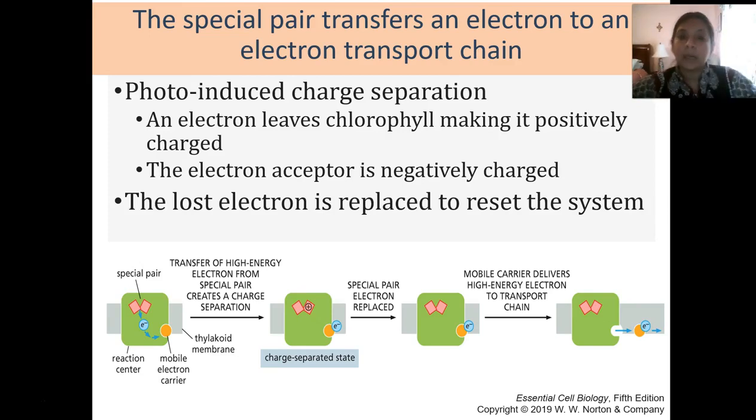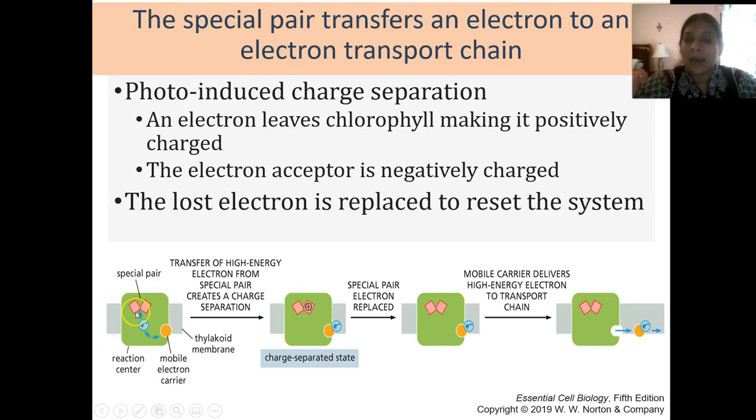While the others were just transferring energy from one place to another, the special pair transfers the electrons to a mobile electron carrier that can then move them into the electron transport chain in the reaction center.